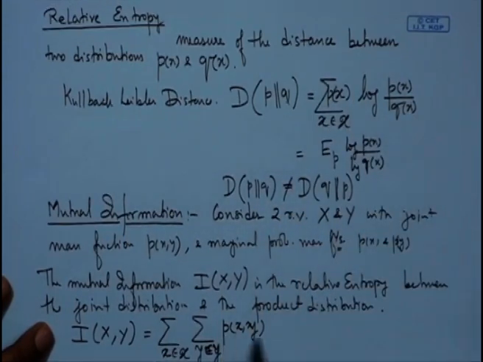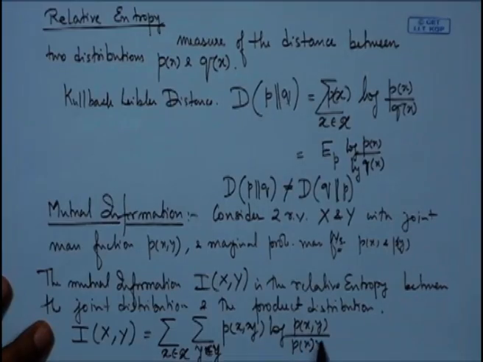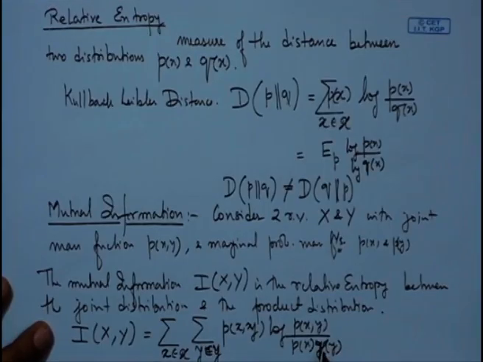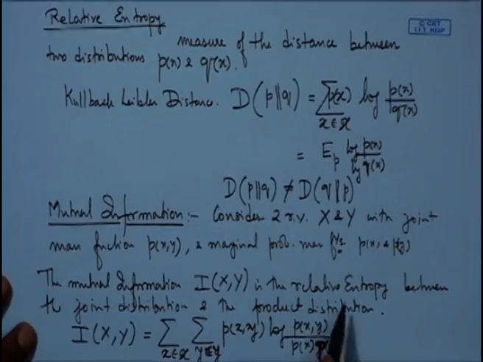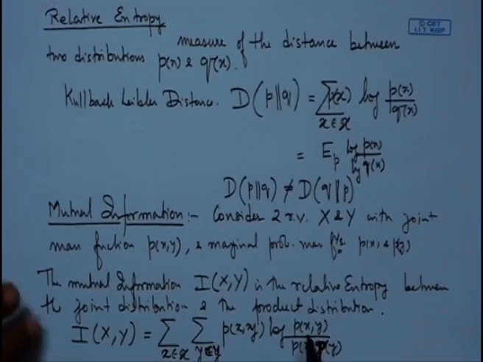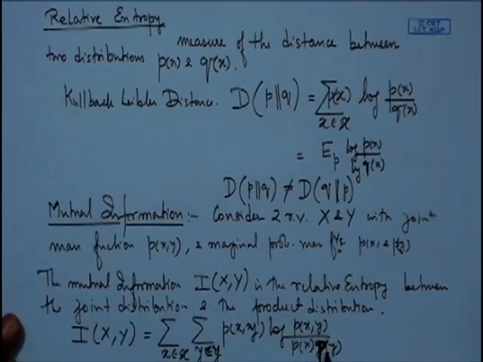The same thing follows here: the joint, log of p of xy divided by p of x times p of y. So basically it follows directly from the relative entropy between pxy and px times py. It is the distance between the joint distribution and the product distribution.